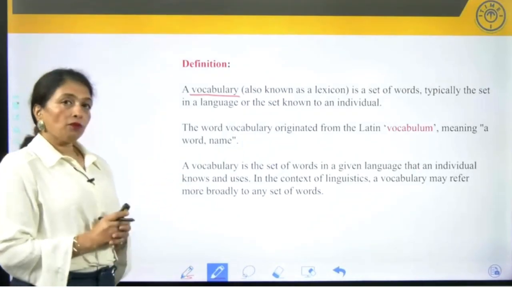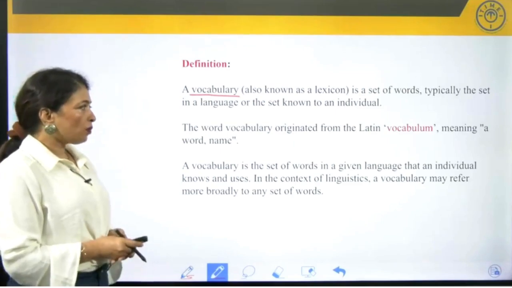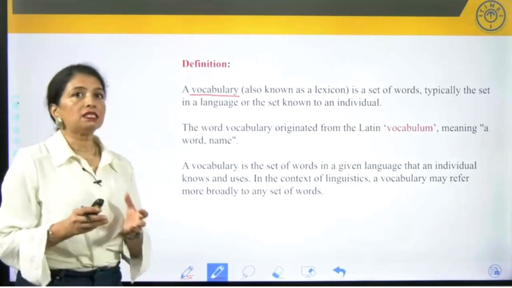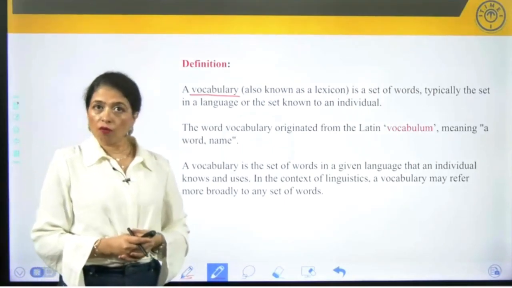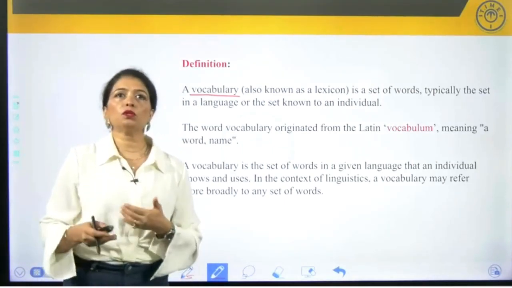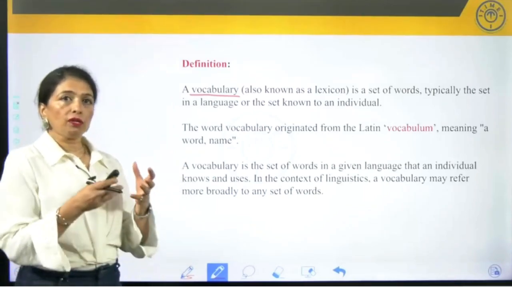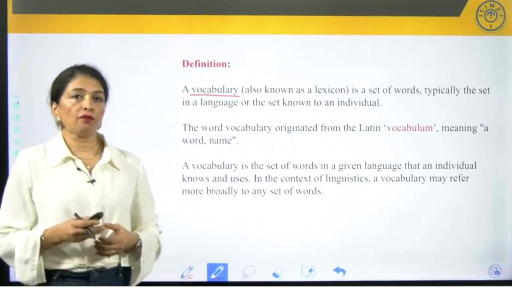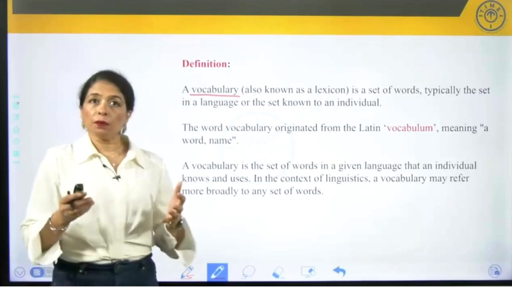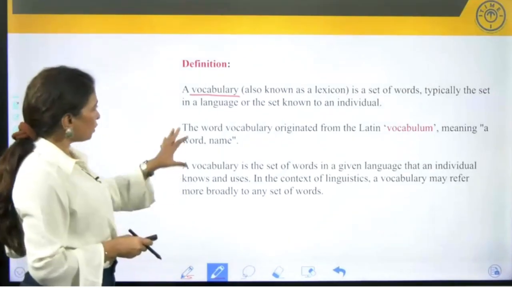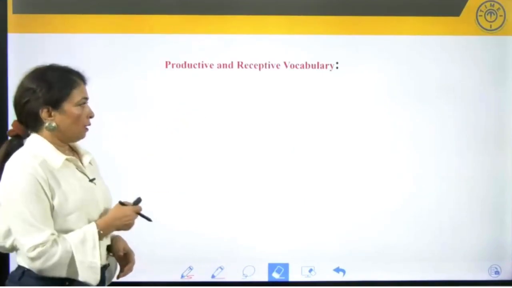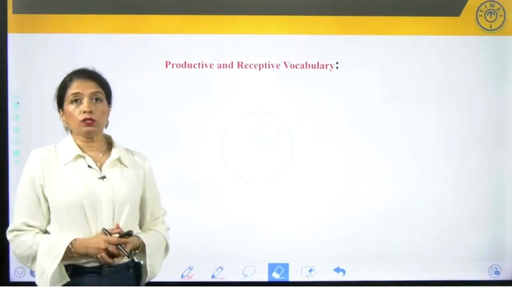In the context of linguistics, however, a vocabulary may refer more broadly to any set of words. So, these are the many definitions of the term vocabulary which we come across so often, and if we understand the word in its deeper, complete sense, then it will help us approach it with more focus. Okay, so we move on to kinds of vocabulary.